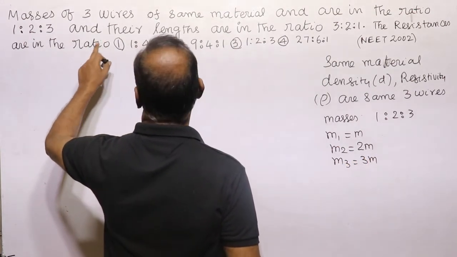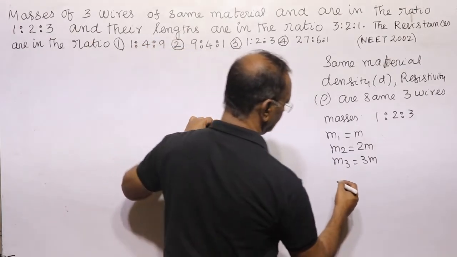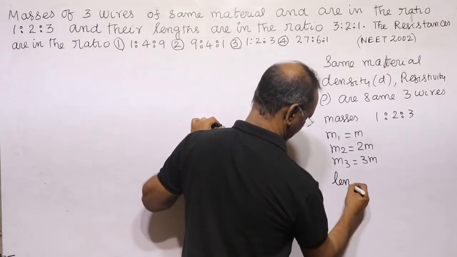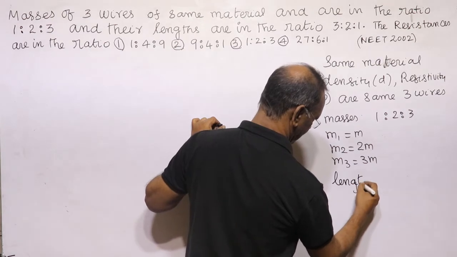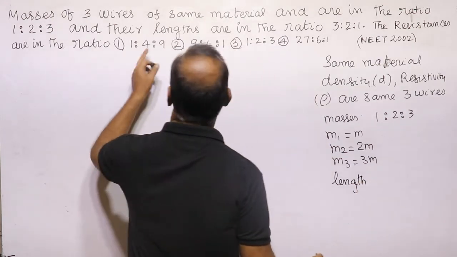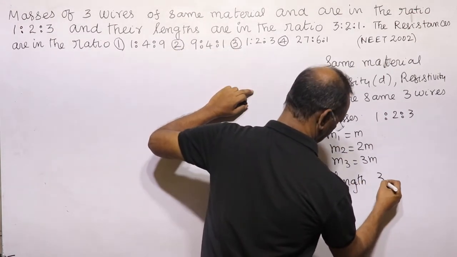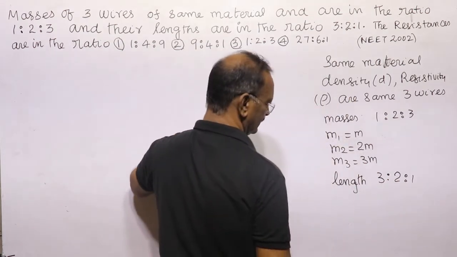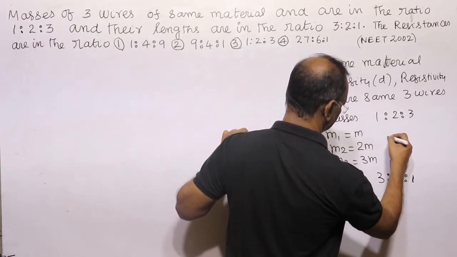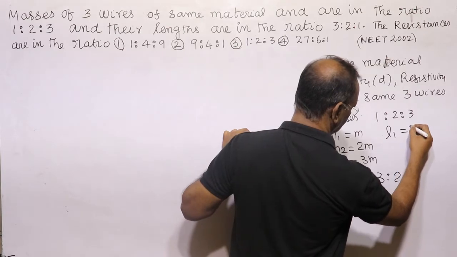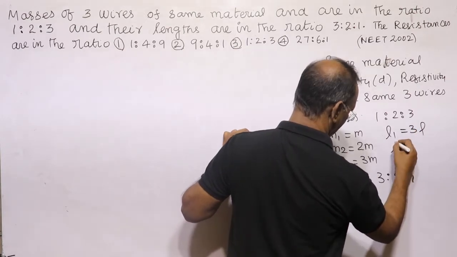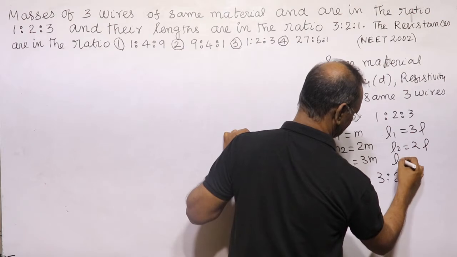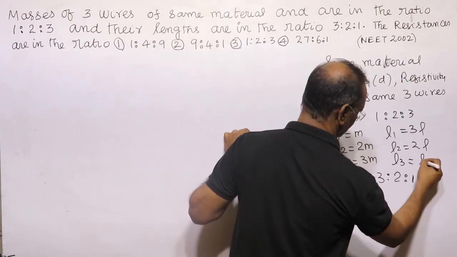And the ratio of the lengths is 3:2:1. It means L1 is equal to 3 times L, L2 is equal to 2 times L, and L3 is equal to 1 times L.